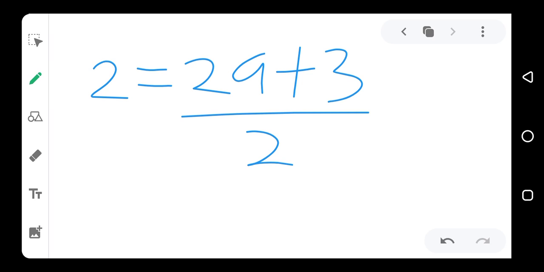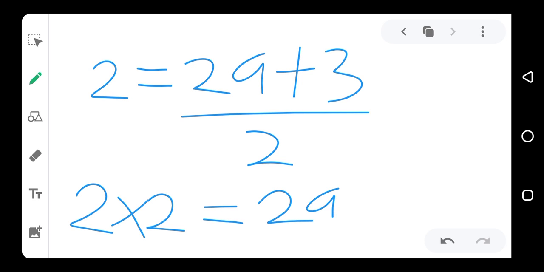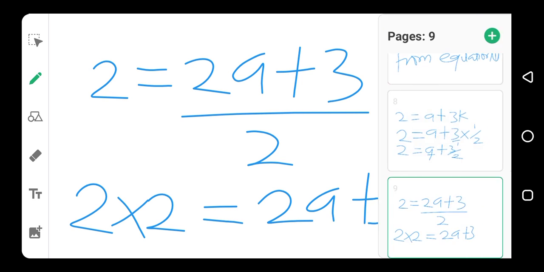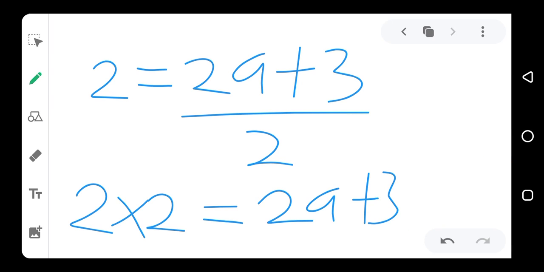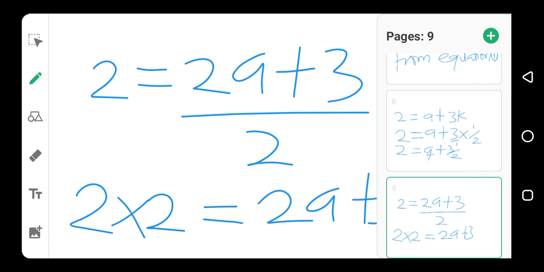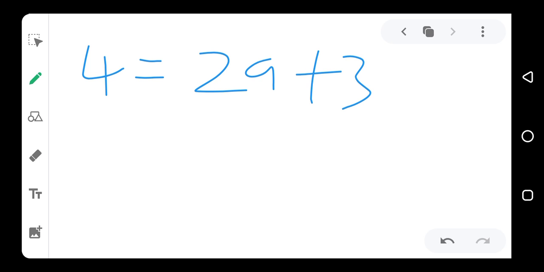Now we take the 2, which is division here, to the other side. If division is crossing an equality sign, it becomes multiplication. So we now say 2 times 2 is equal to 2a plus 3. Now that means that 4 is equal to 2a plus 3.